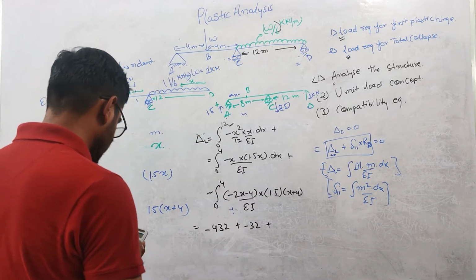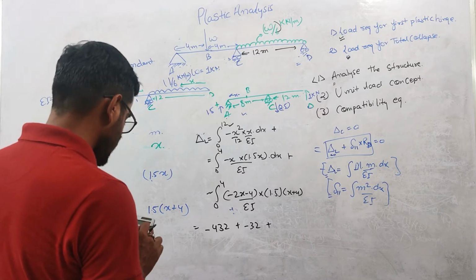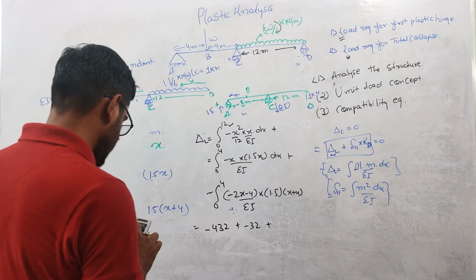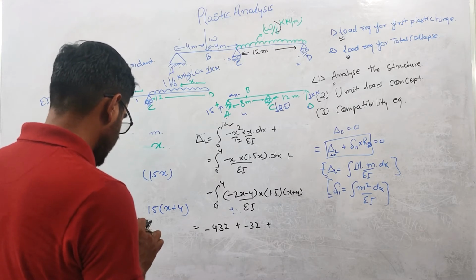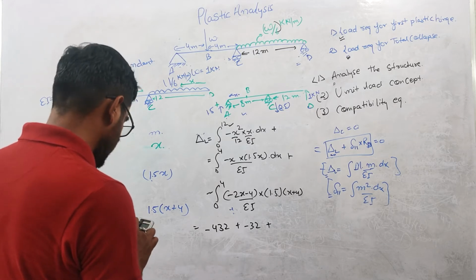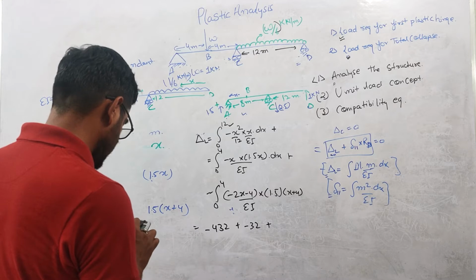So again it will be 0 to 4 minus 2x minus 4 into 1.5 x plus 4.